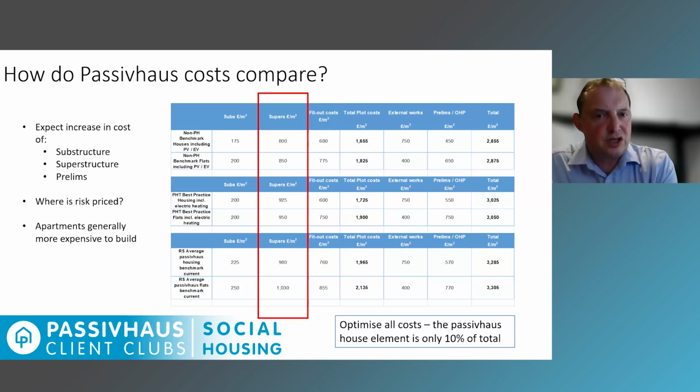So to get a good scheme that works well, do review all of your cost elements, including your external works, etc., because they will probably have a bigger impact than the Passive House costs in terms of gaining efficiencies.